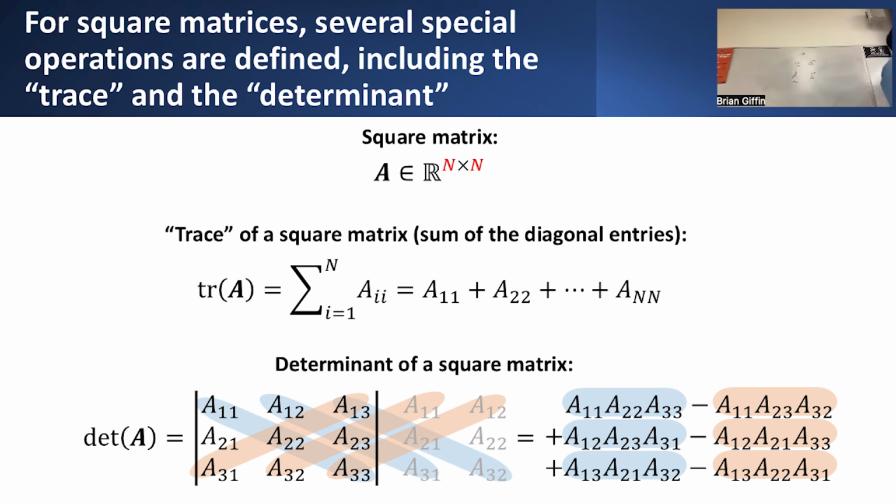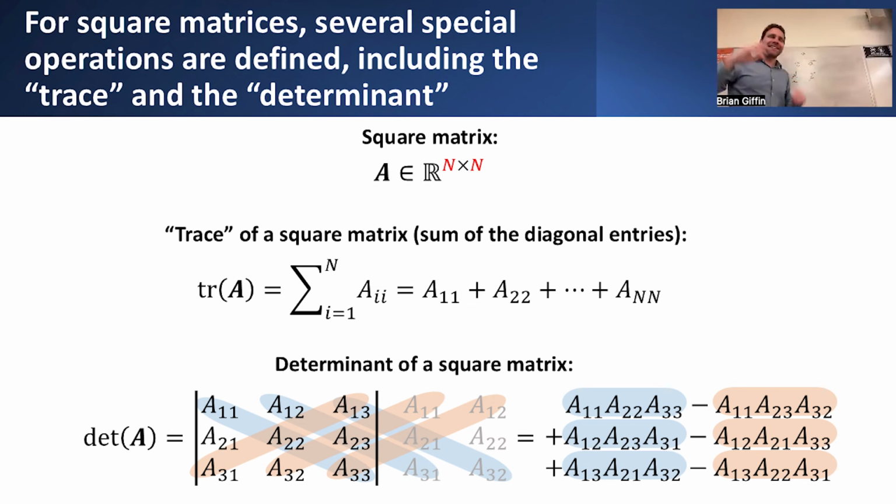So in other words, if I were talking about the identity matrix, it would be the sum of all the ones along the diagonal, and the resulting value of the trace of the identity matrix would just be equal to n. However, if I were talking about some more general matrix, it would be the sum of A11 plus A22 and so forth all along the diagonal. Sum them all up, and that's the trace.